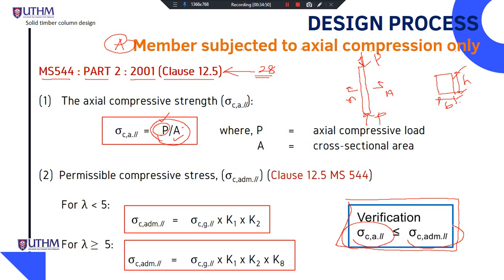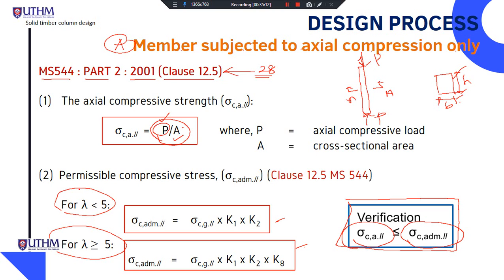Next, this permissible compressive stress is calculated from this equation. The selection of the equation is based on the slenderness ratio.